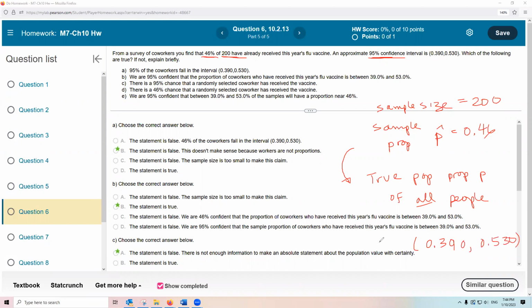So what that's saying to me is I am 95% confident that the true proportion of all workers who have received the flu vaccine is between these bounds. I guess we can use percentages here, 39% and 53%.